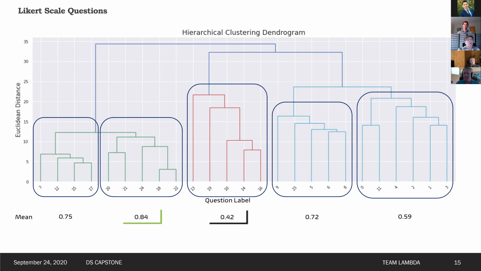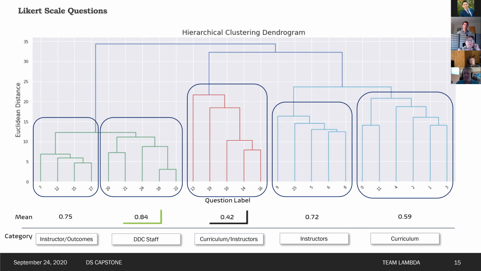Upon closer review of the questions in each cluster, we found the following categories. Note these categories are different, but close to the contextual groupings we made earlier in the analysis. Also, the rightmost clusters have related topics. Notice curriculum, instructors, and then instructors and curriculum.